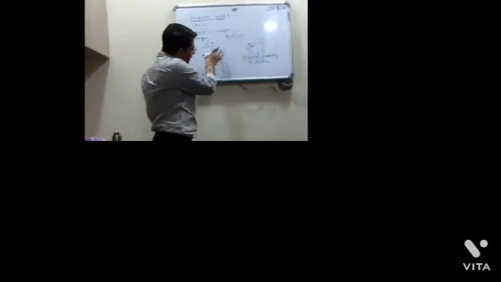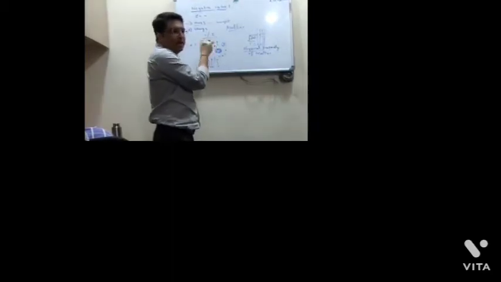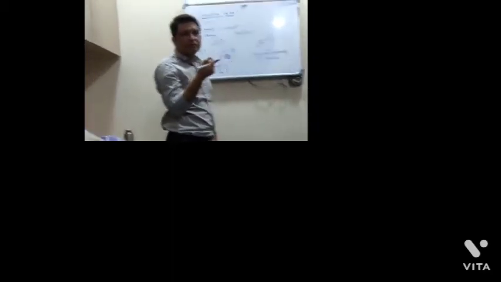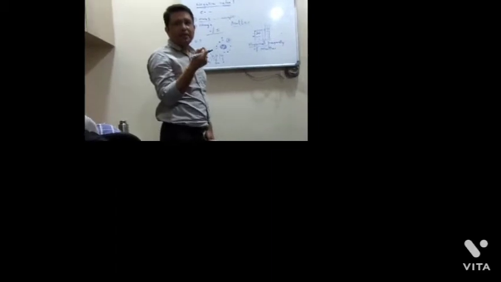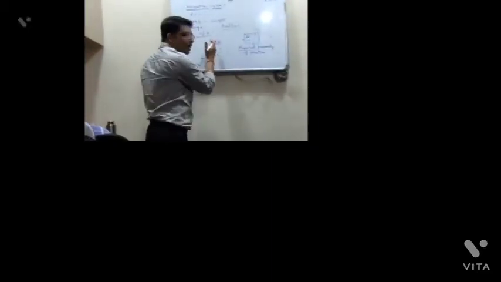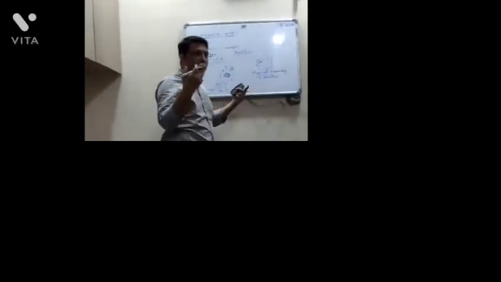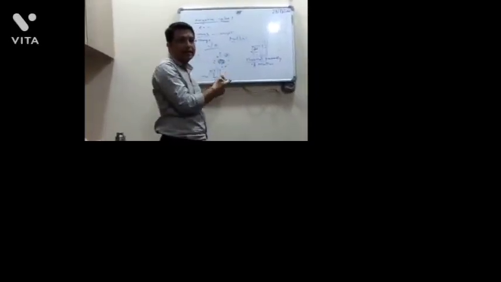Now in order to understand this whole thing, if you dissect it, it is difficult to dissect the molecule. If you break this, again there may be something, we don't know what is within that.